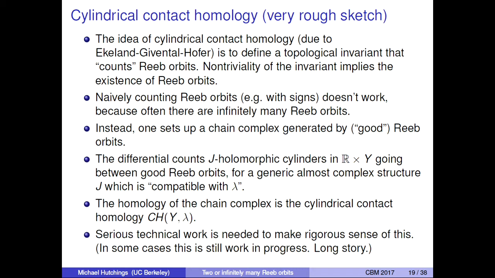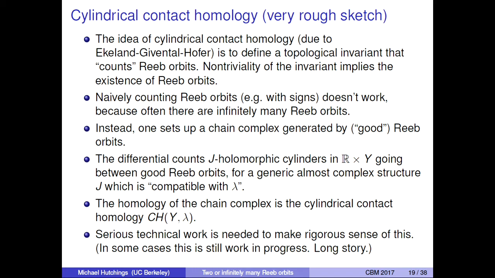A model for this would be something like the Lefschetz fixed point theorem. If you have a map from a topological space to itself, if the Lefschetz number is non-zero, then it has to have a fixed point. In the case of Reeb orbits, that doesn't work so well because, as you saw, we're trying to prove that there are infinitely many orbits, and that seems to be true most of the time. So you can't really count infinitely many orbits very easily.